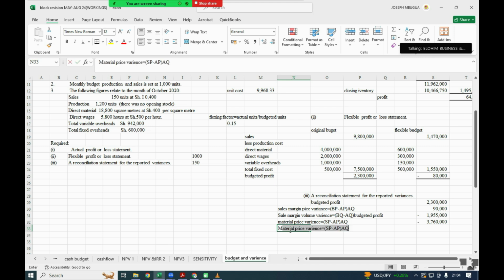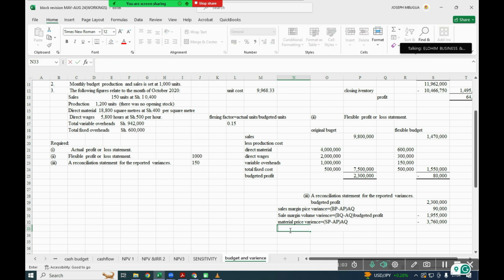Then for material, again we calculate the usage. Material usage variance. For the usage, the formula is standard quantity minus actual quantity into the standard price.